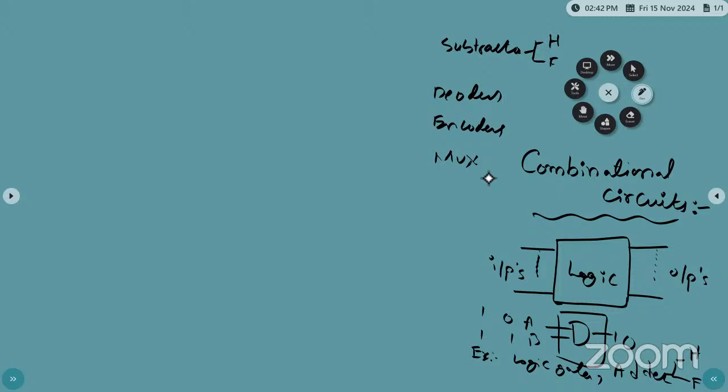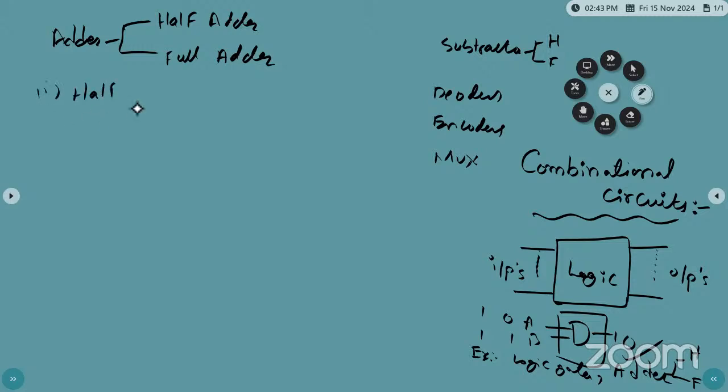Now we are discussing adders. Adders are of two types: half adder and full adder. The first one is the half adder, which is a combinational circuit.